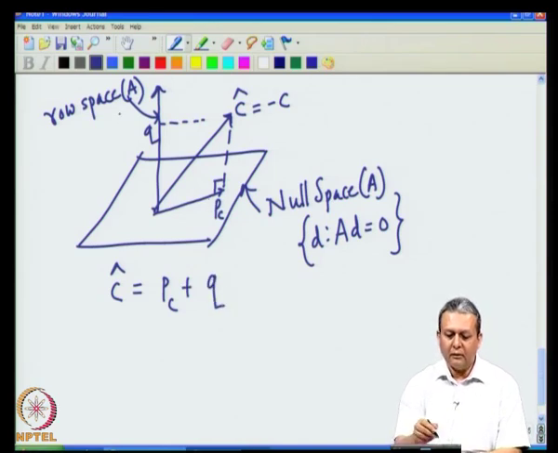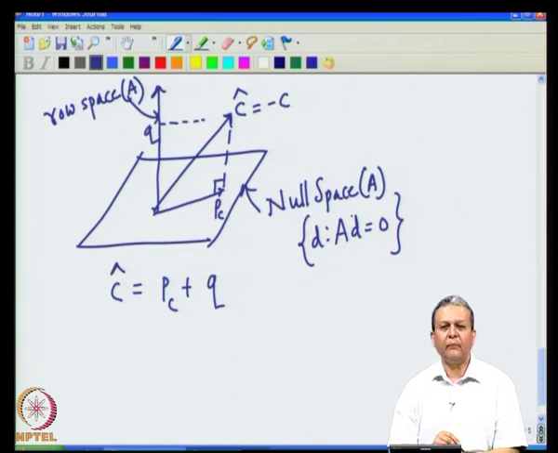Note that the two spaces mentioned here, the row space of A and the null space of A, are orthogonal complements of each other.